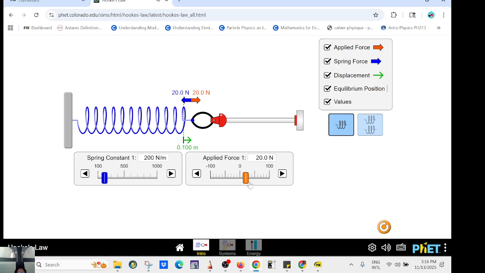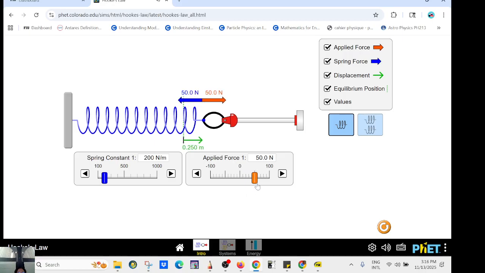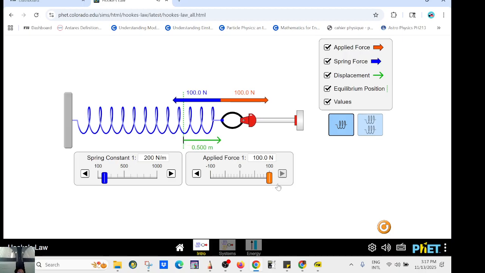Okay, so if the stretch is this much, this is 25 centimeter, the restoring force is 50 Newton. If I have more stretch, which is 50 centimeter, the restoring force is 100 Newton. So it's proportional. Agree? So my point is that when I'm doing this, I'm storing energy into the band.